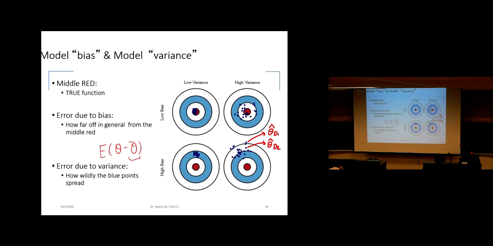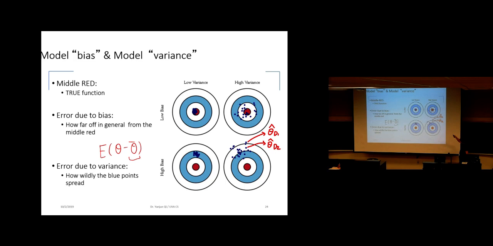So let's just look at this figure. This is a high variance case, and maybe this is a little bit difficult. Let's look at the high variance and low bias case. Here, you can tell all the thetas are quite apart from each other, right? This is more like a cloud distribution.